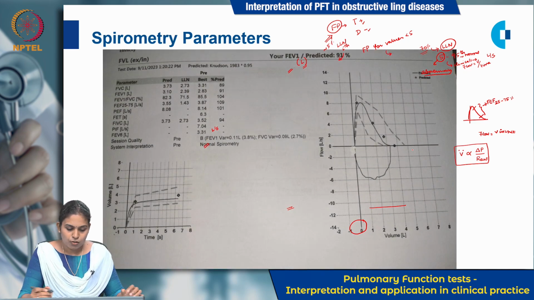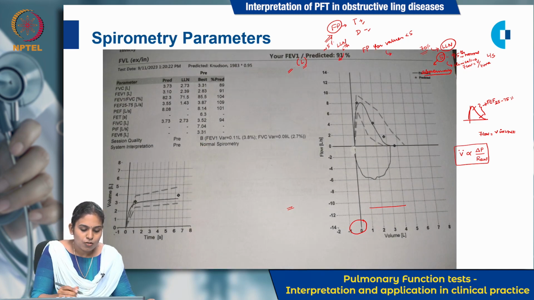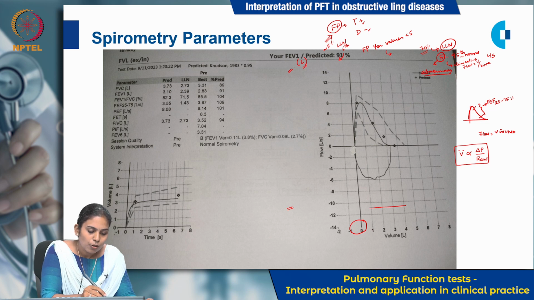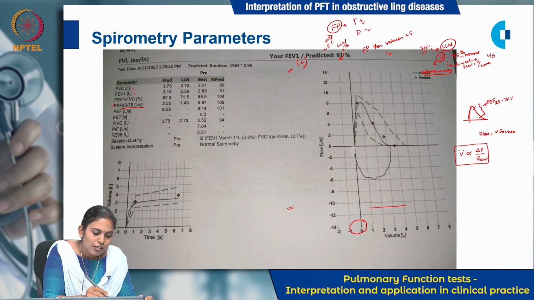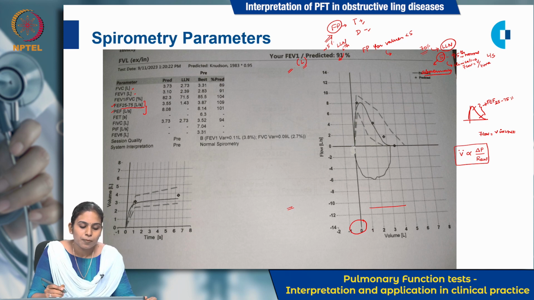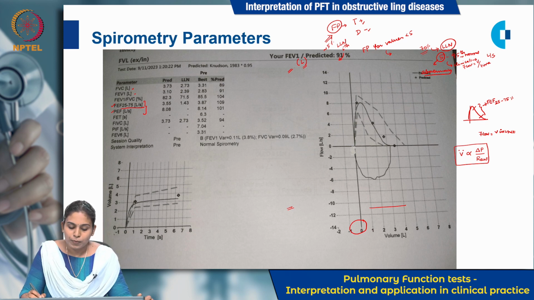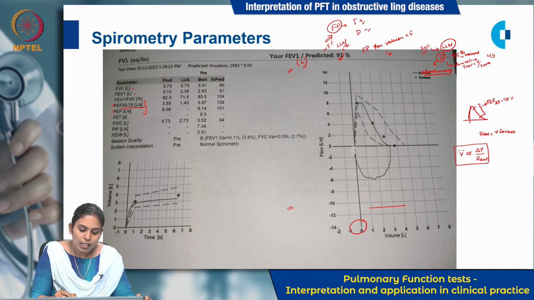As I told previously, your volumes are expressed in liters and your flow is expressed in liters per second. FEF 25 to 75 and peak expiratory flow are flows, expressed in liters per second. Then we have something called the graph and something called the loop.